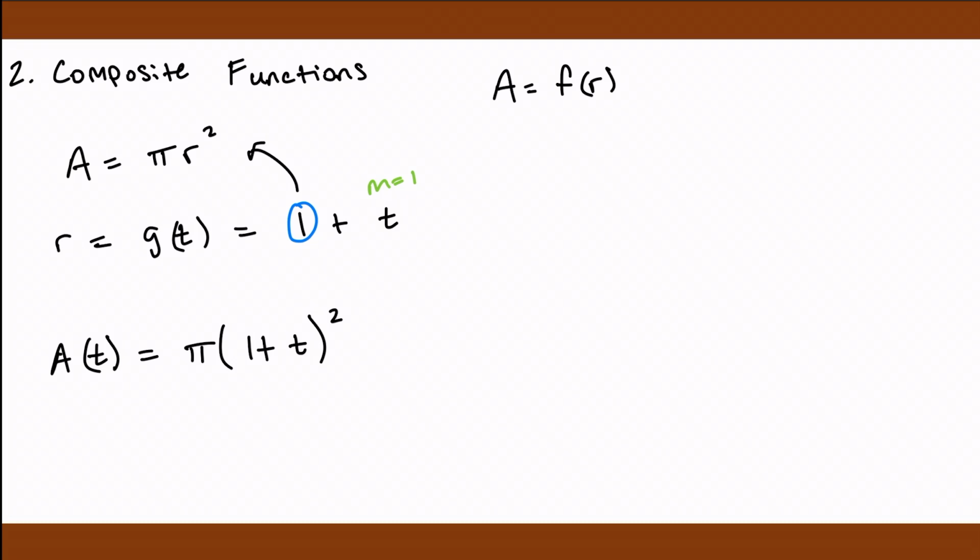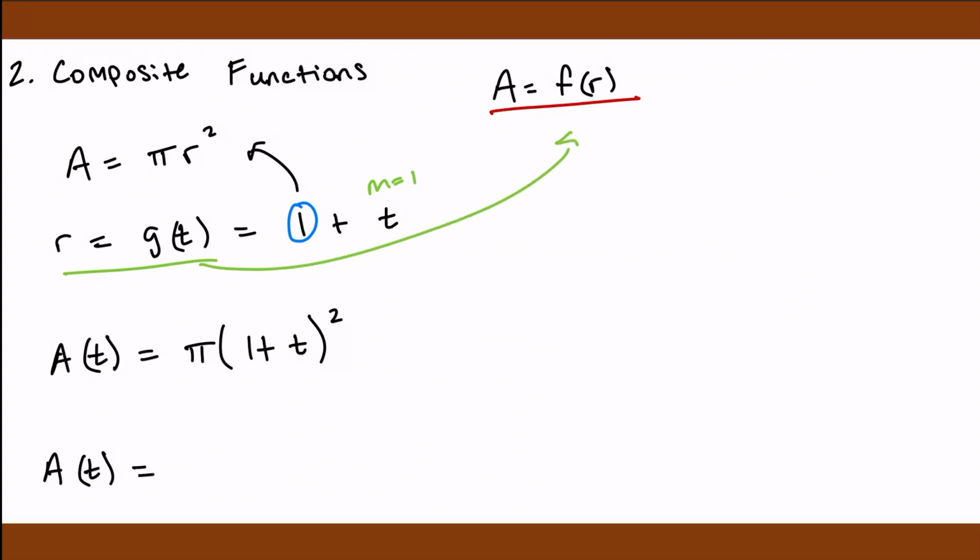And something you want to get very familiar with here, A of t, this kind of general notation. Well, if A equals f of r and r is g of t, let's also just do that in general, where I can say, okay, wherever I see an r, I shove in g of t. So that means it's f of g of t. That's how we say it. Everywhere I see my variable, r in this case, for f, just like f of 0 is equal to, well, everywhere you see an r, plug in 0.